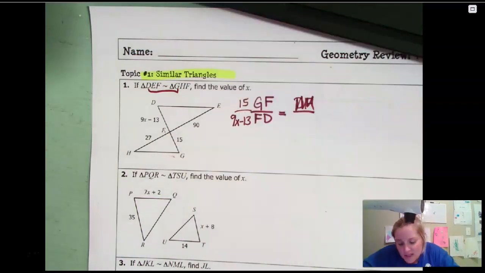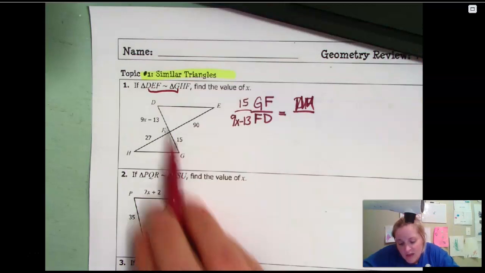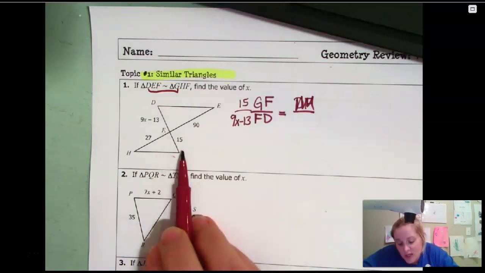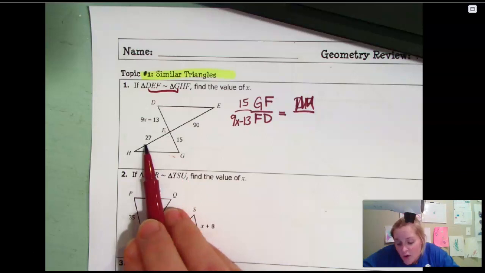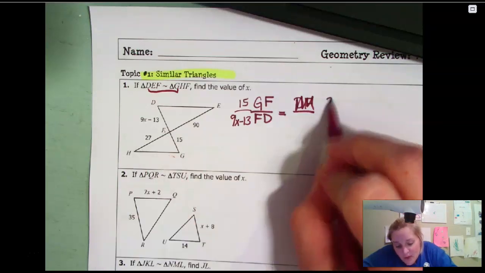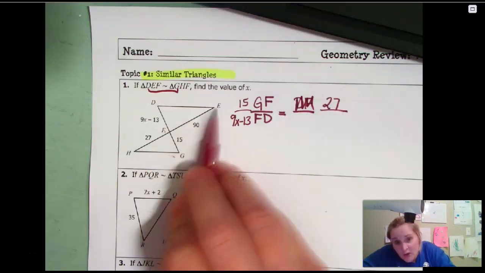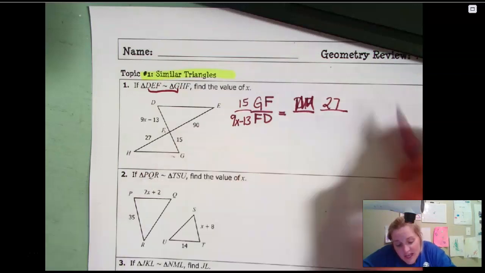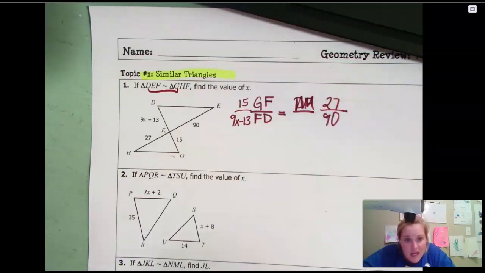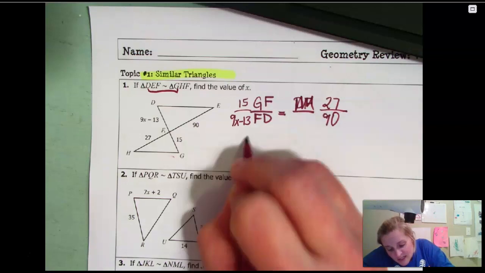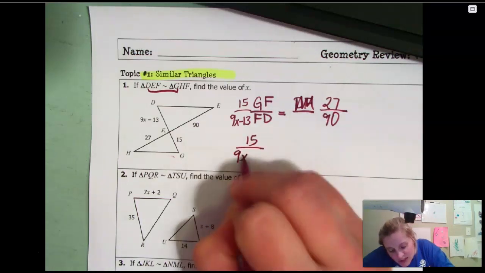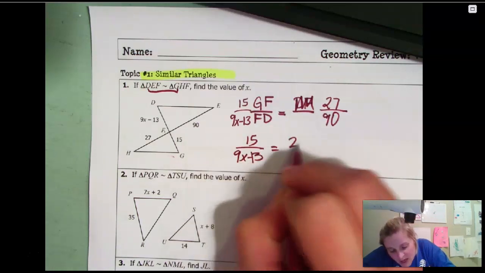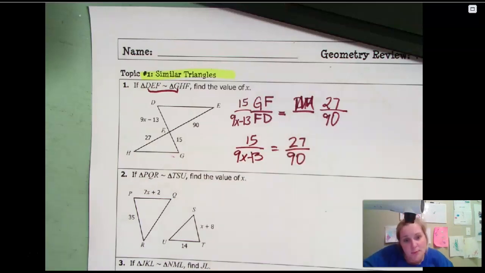So 15 is here with this part of this triangle, so I'm going to use the same triangle, which is the 27, over this triangle's similar part, which is 90. Then you take that proportion and solve using cross multiplication.